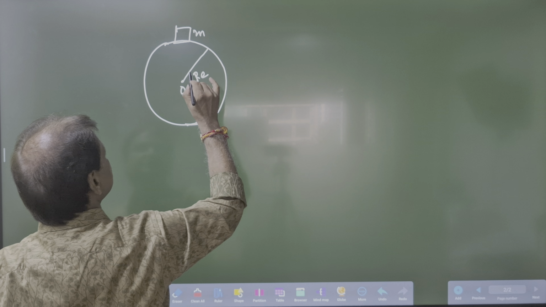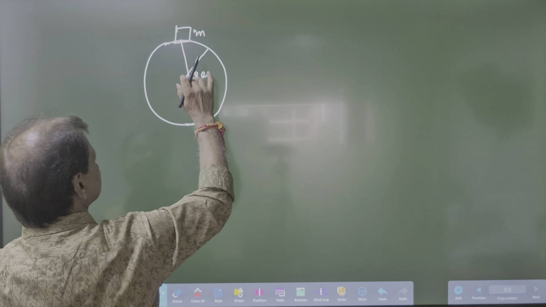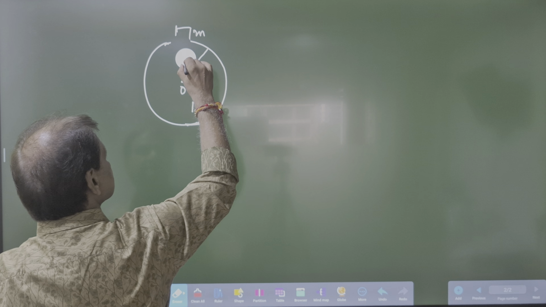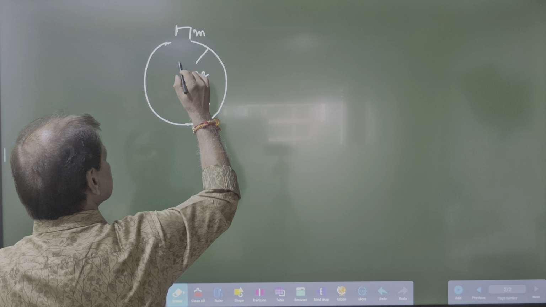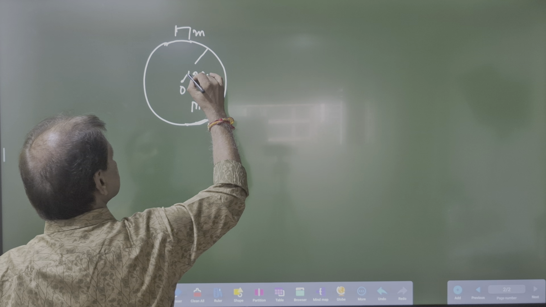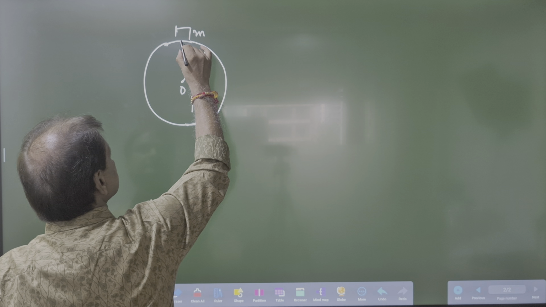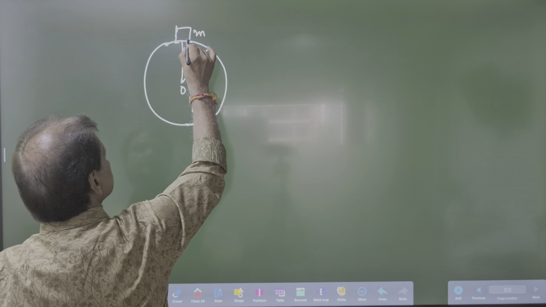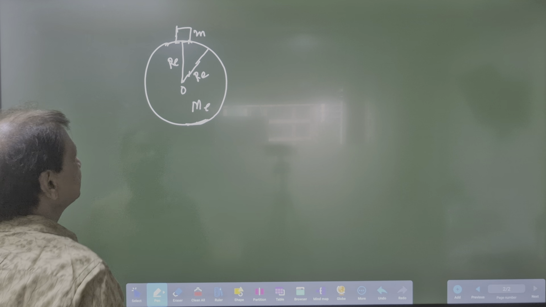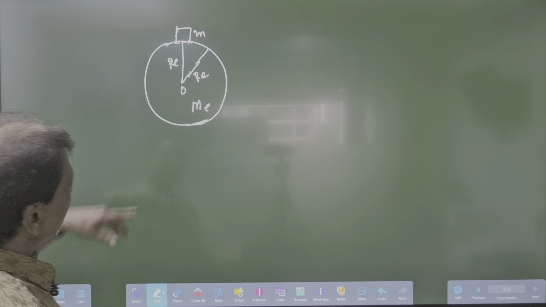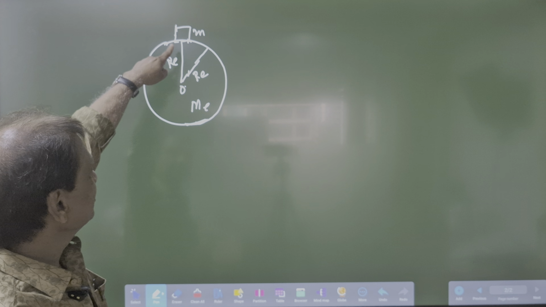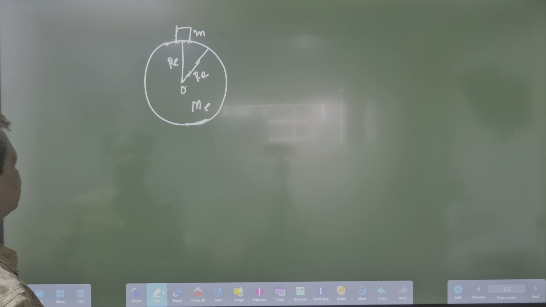This mass is M. This distance will also be RE because it's a radius. So this is the Earth, the mass of the Earth is ME, RE is the radius of the Earth, and M is the mass of the object.